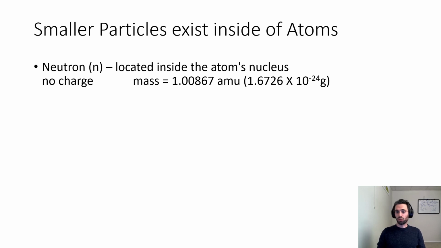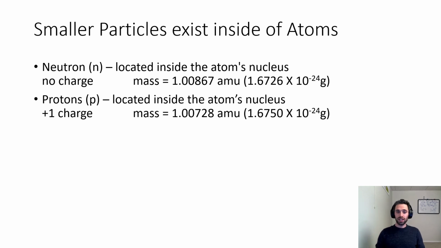Its mass is 1.00867 atomic mass units, or 1.6726 times 10 to the negative 24th grams. Because this unit is so tiny, we use atomic mass units to denote their mass, because the masses are incredibly small, as we just looked at with how heavy they are in grams.